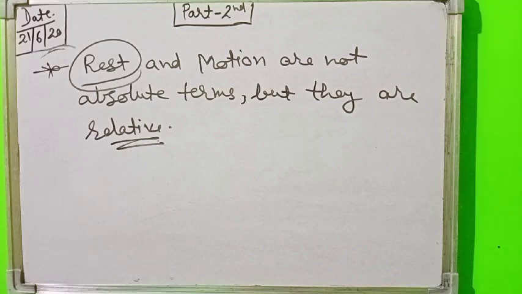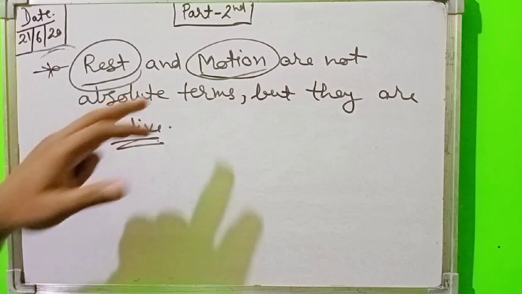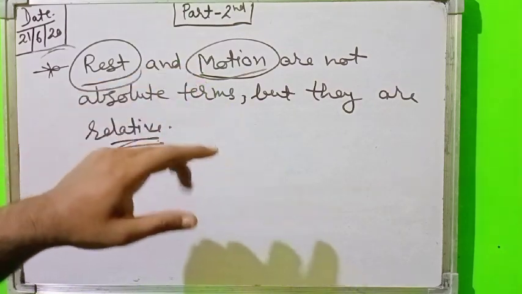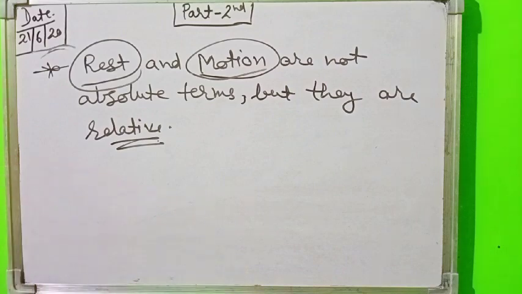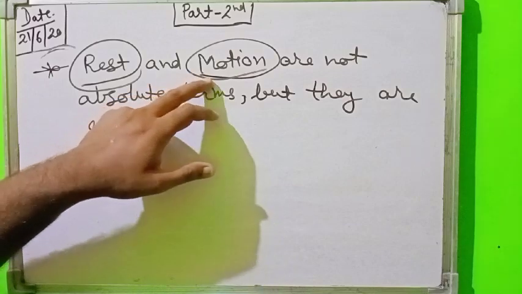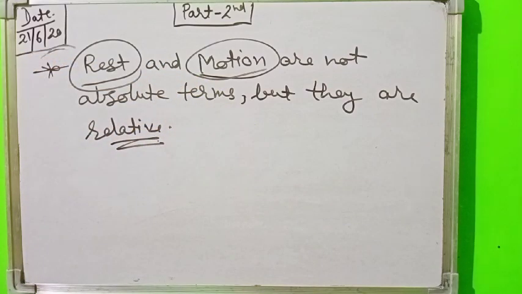But if the observer is somewhere else and after that he is observing the object, then with respect to that observer, it might be possible that the body is in motion with passage of time or with respect to surrounding. Similarly, for a certain object you are observing, as the observer, with the passage of time or with respect to the surrounding, the object is in motion for you, but for another observer the same object might be at rest also.